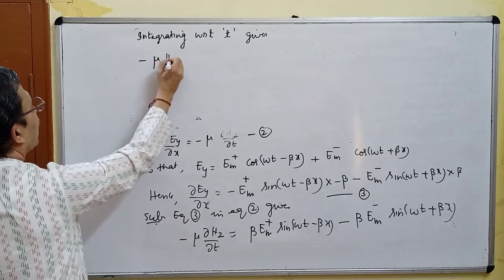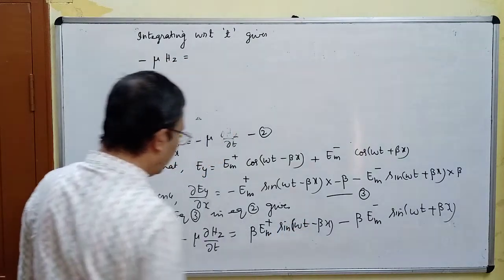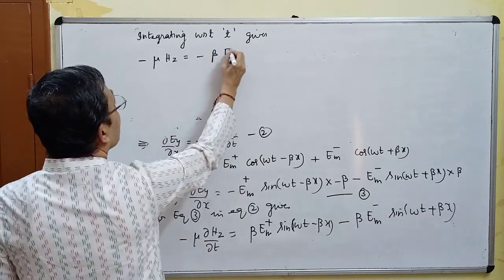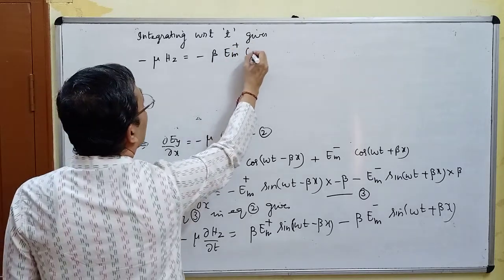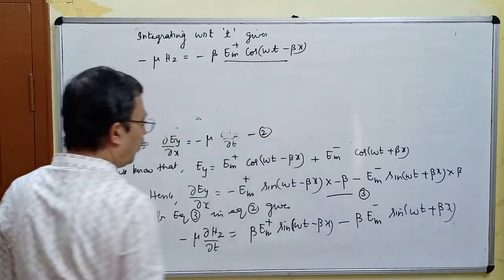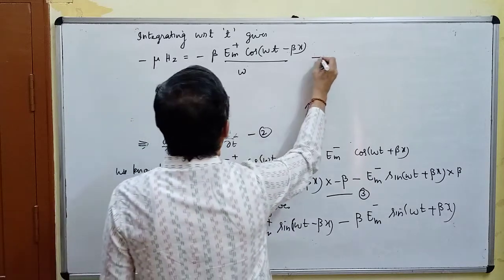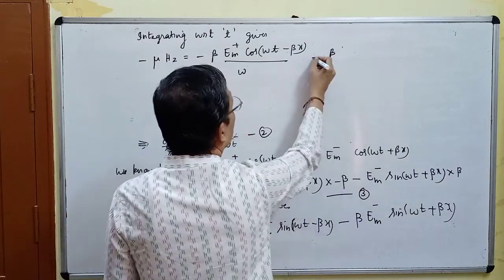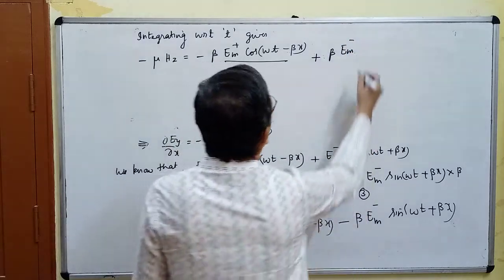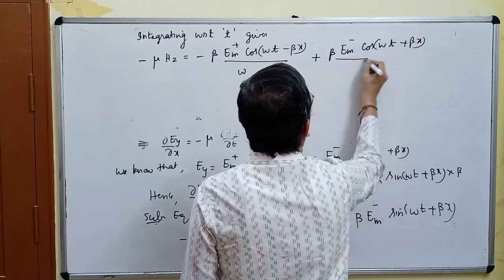minus mu into Hz is equal to, if you integrate sine you get minus cos, so minus β into Em+ cos(ωt − βx) divided by ω, minus of minus becomes plus β into Em− cos(ωt + βx) divided by ω.